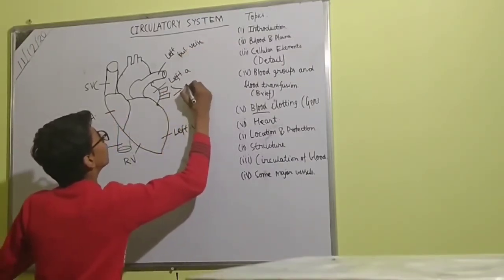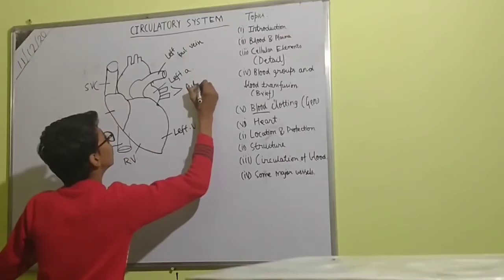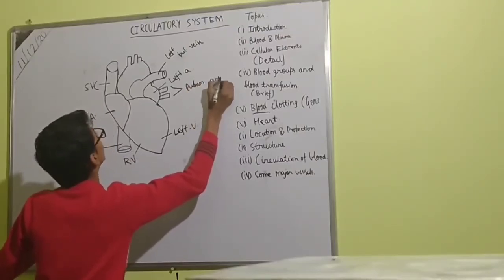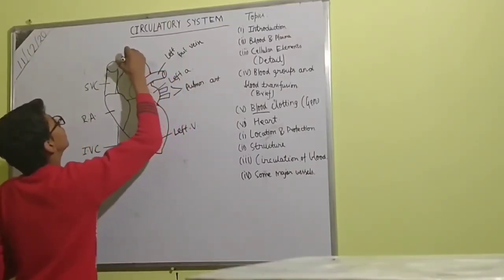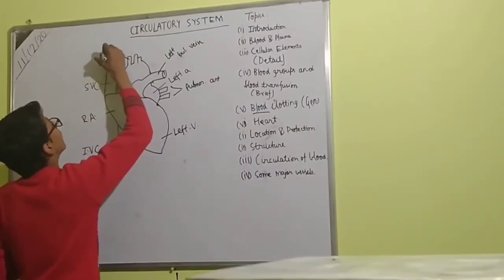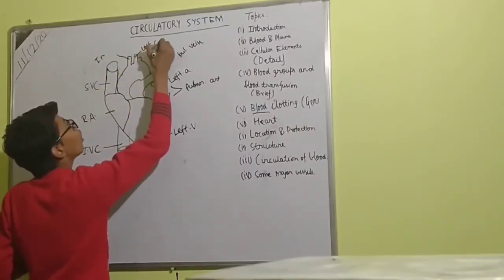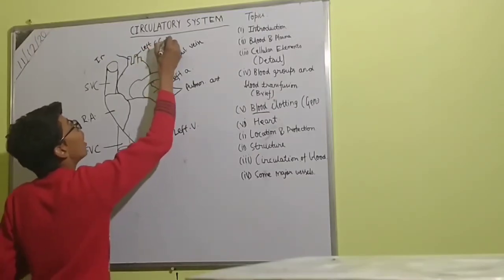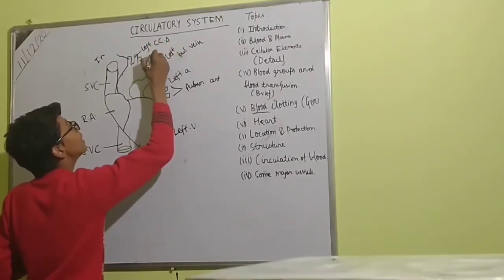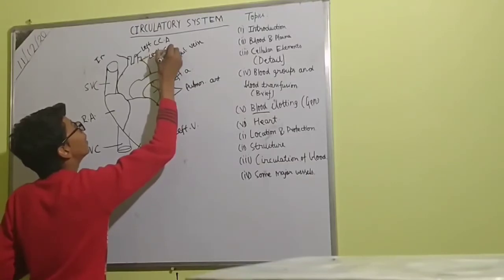These are pulmonary arteries. This is innominate. This is left common carotid artery. That is left subclavian artery.